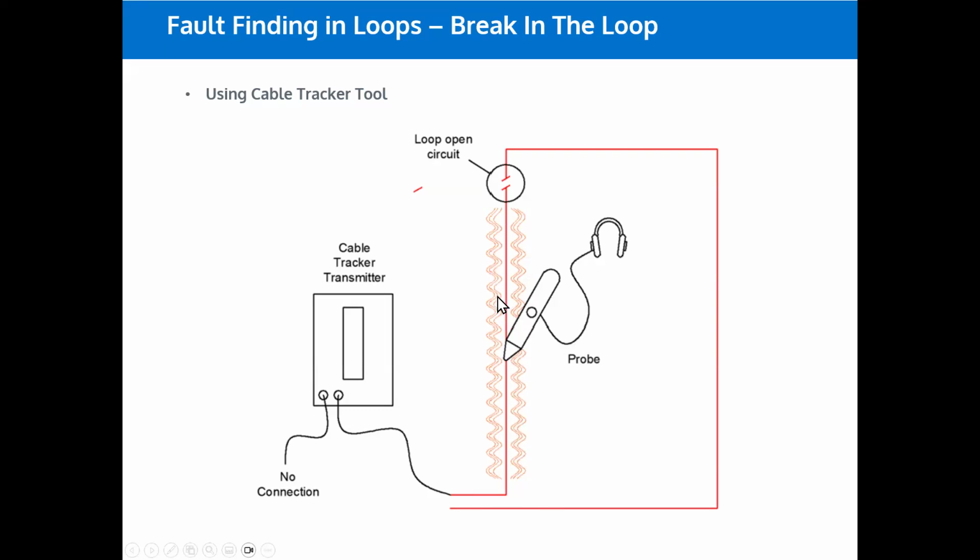When you're getting the tone, that means the current is flowing along here. When you're probing on this section, you're not getting any tone, so you know this part is not being fed by the loop. You just follow the route until you find the break.